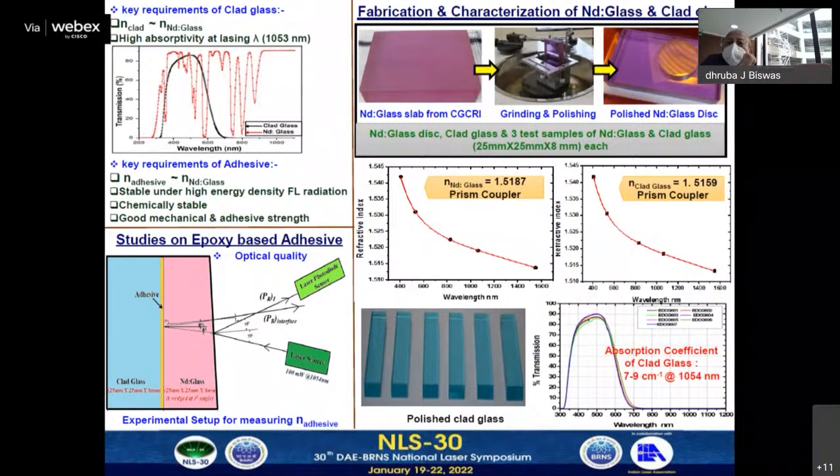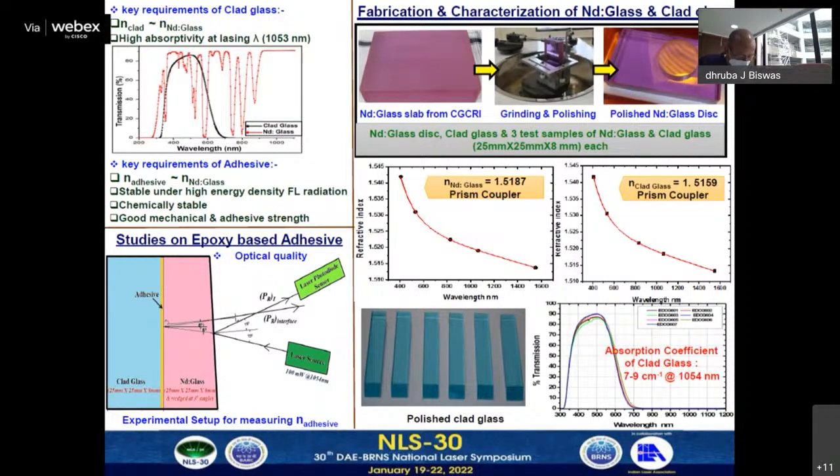First, its refractive index should match that of the ND glass, and for that we have done the reflectivity measurement shown in the experimental setup below. Here the reflectivity from the interface of adhesive and ND glass is measured, and from this the refractive index of the adhesive is calculated. Also, this refractive index should remain stable under the high energy density flash lamp radiation. So we have measured it.